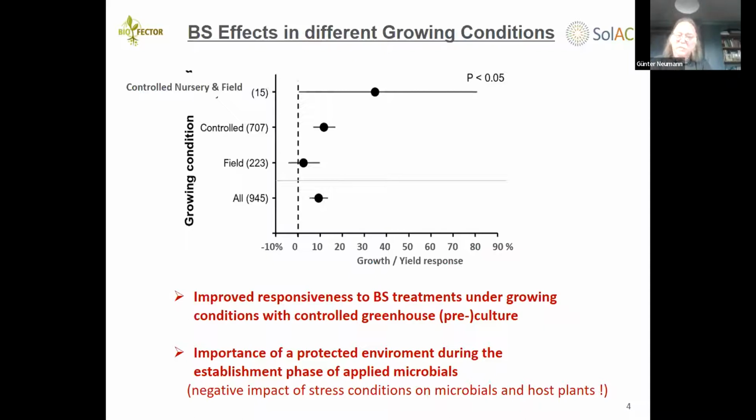And during this phase, any stress conditions which can affect on one side the microbials, or on the other side the host plants, which have to provide the nutrition of the microbials via their root exudates, all stress factors which are negative on the root activity in this context are also negative for the association, and this may explain this result. When we have an established community, then we can expect protective or growth promoting effects.